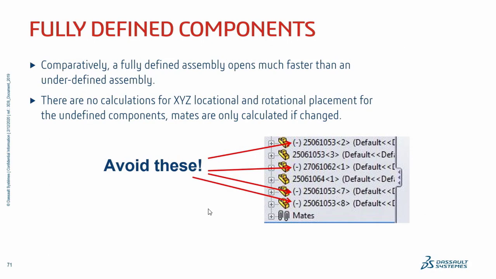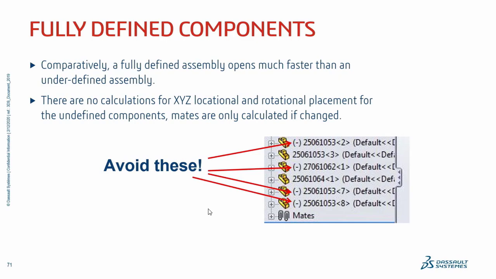Next is fully defined components. Any assembly part should be fully defined. Fully defined means it has no remaining degrees of freedom, because when you create undefined objects in the assembly, the RAM and CPU take time to calculate those data and mates, because it is not fully defined in the XYZ direction.